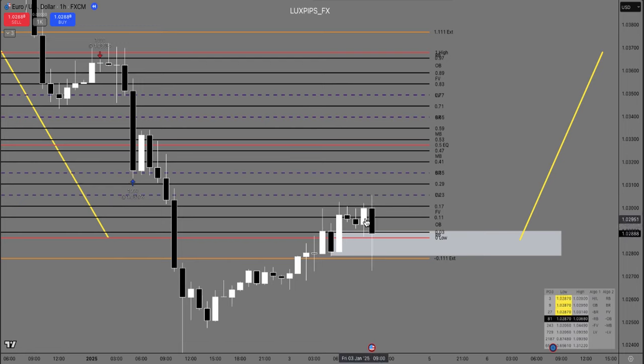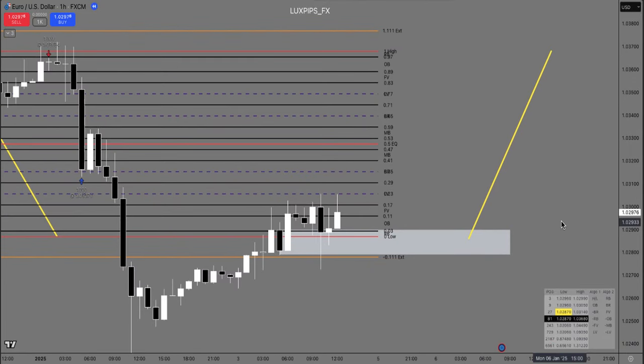Okay, so not yet. So the extension is being touched here. This is why we wait for the retest, right? Confirmation. So this looks nice here, but let's confirm it with another bullish candle around here.